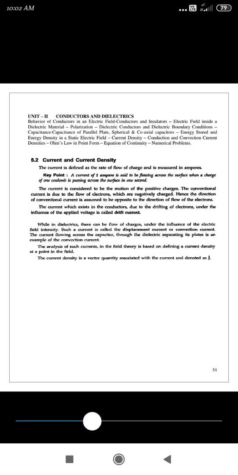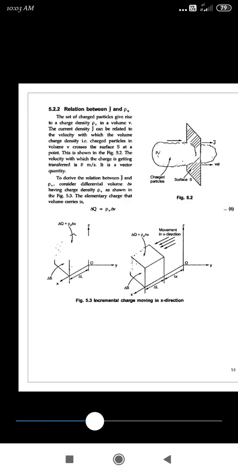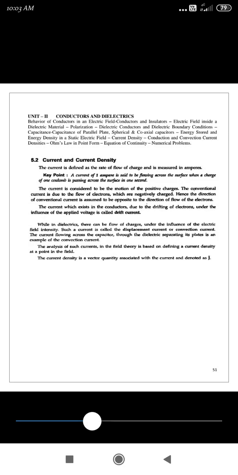The topics in this unit are: behavior of conductors in an electric field, conductors and insulators, electric field inside a dielectric material, polarization, dielectric-conductor and dielectric boundary conditions, energy density in a static electric field, current density, conduction and convection current densities, Ohm's law in point form, equation of continuity, and the relation between equation of continuity and point form Ohm's law, and problems.